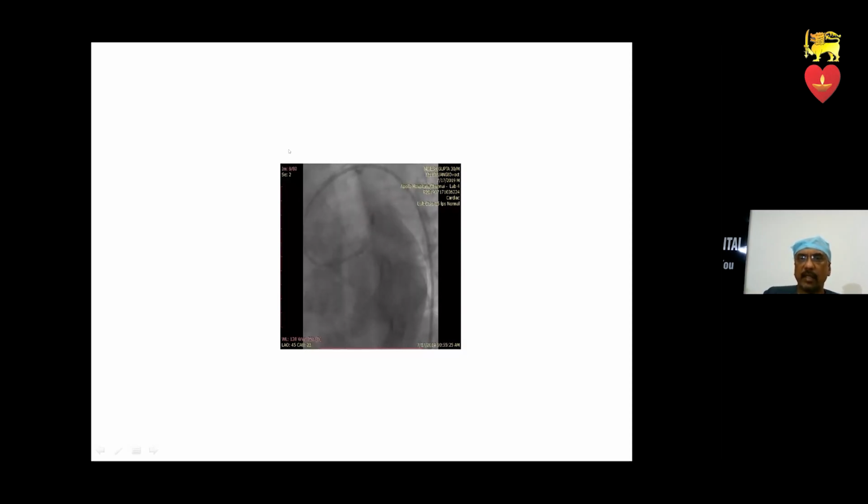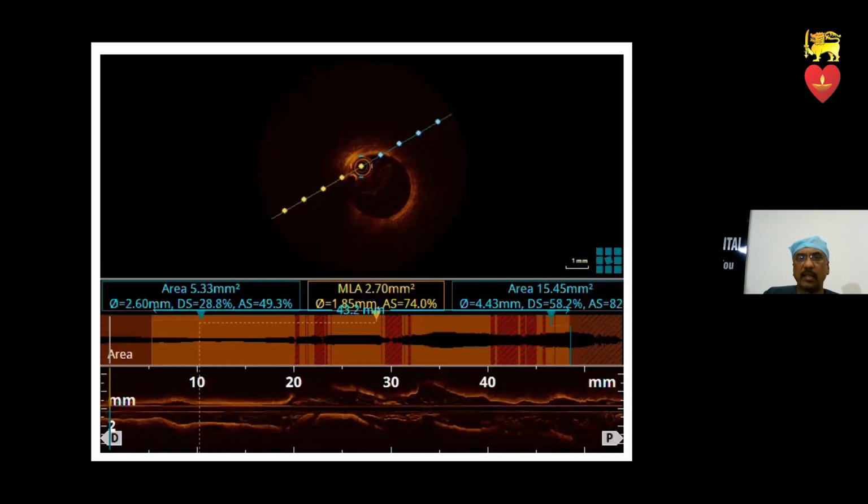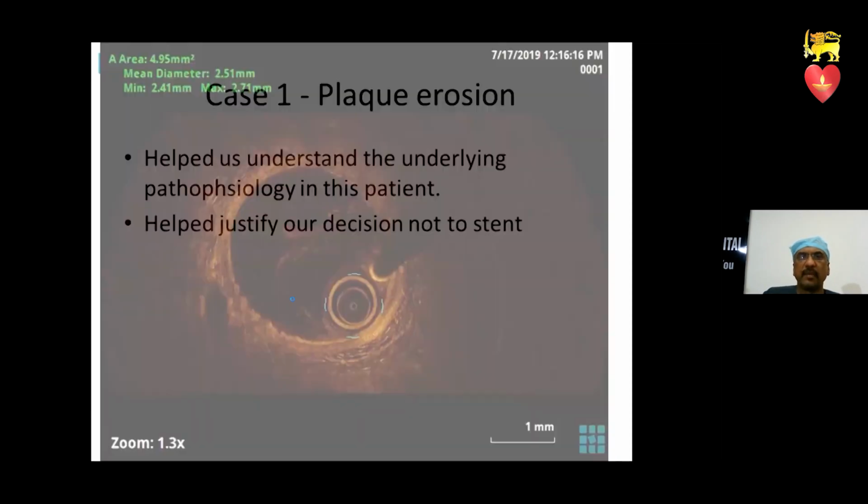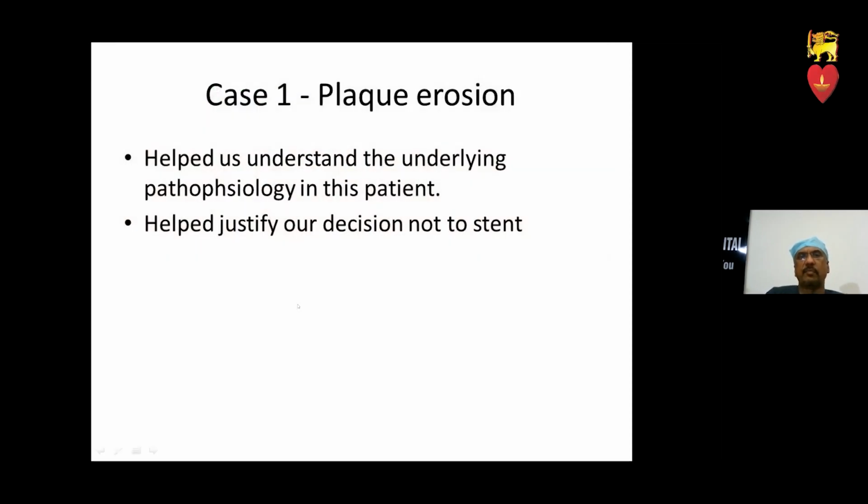We repeated an angio after a few months, and what we see is the thrombus has disappeared, and this area of plaque erosion has healed very, very well, and has almost totally disappeared. So in this patient, the OCT helped us understand the underlying pathophysiology, and helped us justify our decision not to stent in spite of this patient presenting with an acute coronary syndrome.